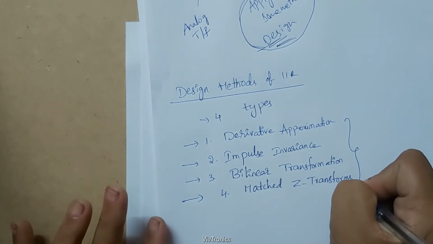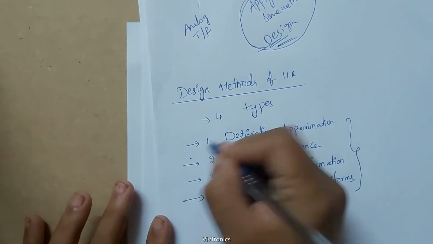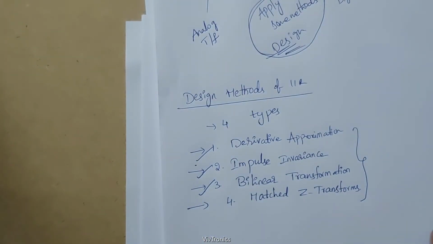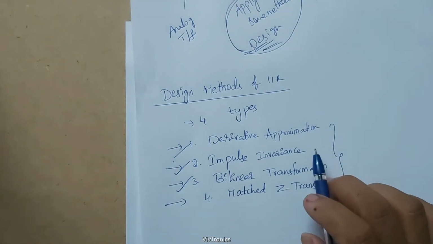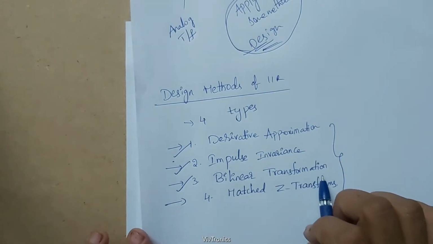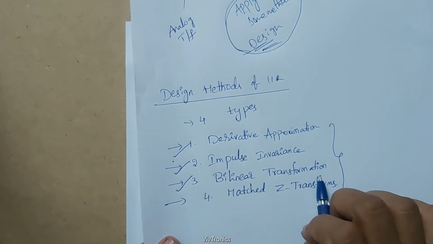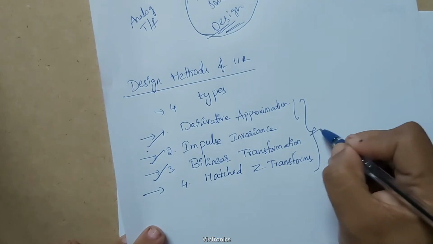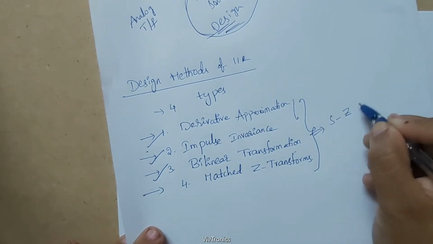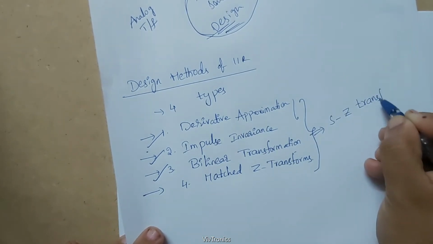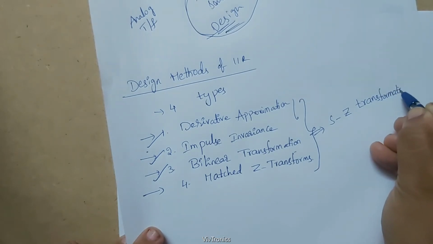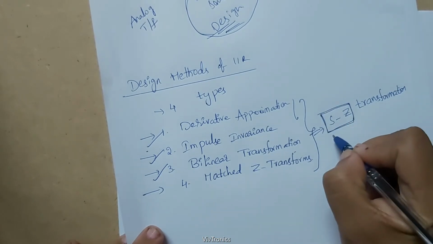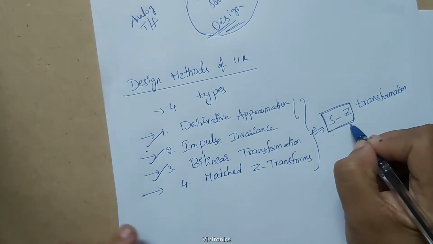Among these 4, we are going to mainly focus on only 3 methods as per the syllabus of our JNTU Anantapur: the derivative approximation method, impulse invariance method and bilinear transformation method. In all these methods we have a common point called S to Z transformation. Our main intention is to obtain the relation between S and Z, that means from Laplace domain to Z domain, digital domain.